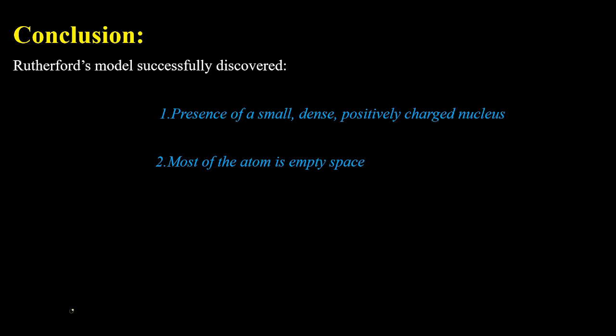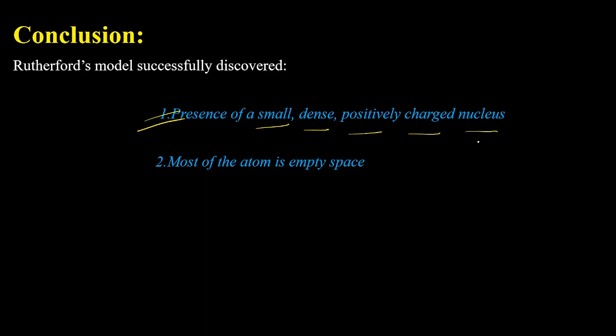So far I have discussed all the limitations of Rutherford's atomic model. In conclusion, I can say that Rutherford's model successfully discovered the presence of a small, dense, positively charged nucleus inside the atom, because his atomic model stated that an atom has two parts.